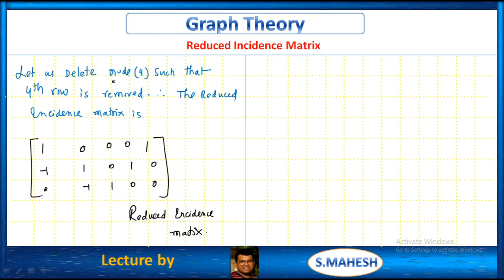Or if you wish, if you remove node 3, we don't have row 3. We have to remove the third row. Like that, we get the reduced incidence matrix. This is all about incidence matrix. We have discussed the concept of incidence matrix, then reduced incidence matrix. Just go through this concept once. Then you will have a clear idea about that concept.